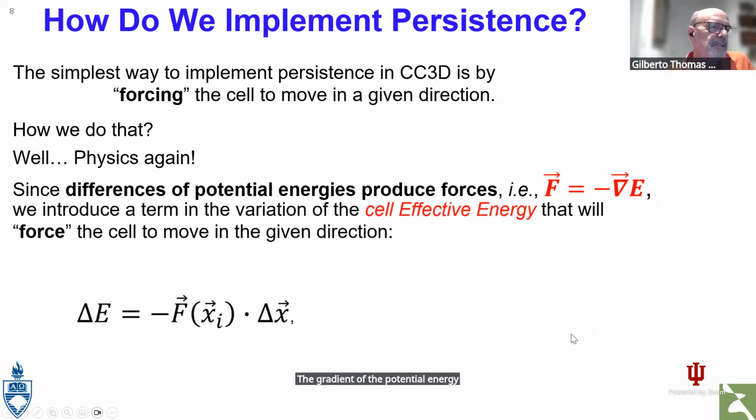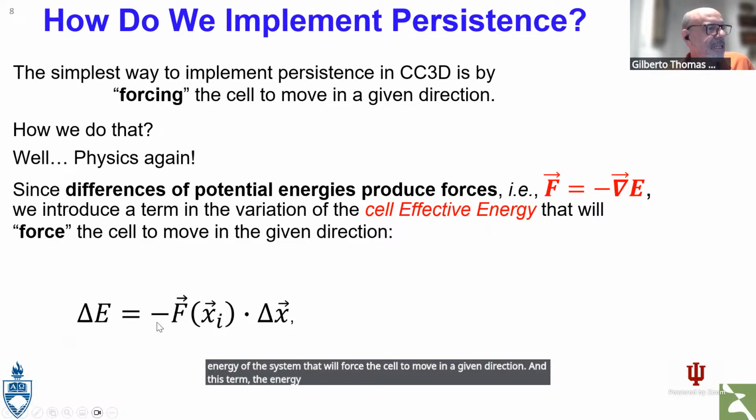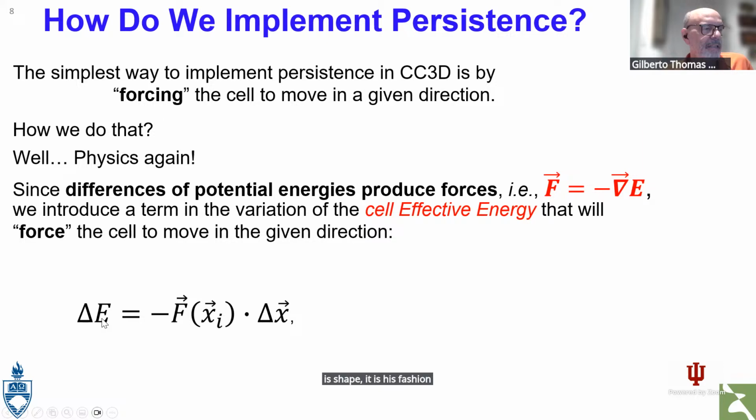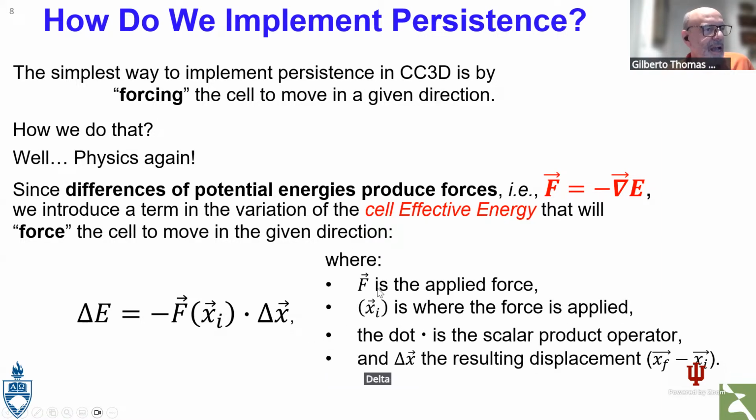So we introduce a new term in the energy of the system that will force the cell to move in a given direction. And this energy term has this expression: delta E is minus F dot delta X, where F is the applied force, and X, Y is the position where the force is applied.